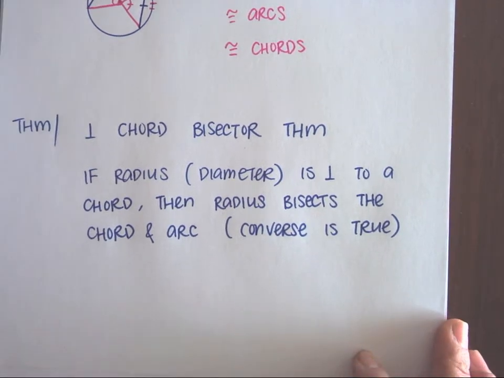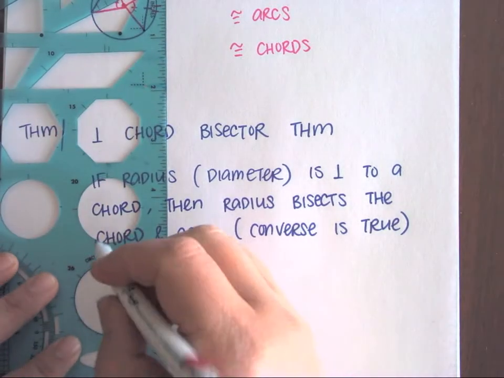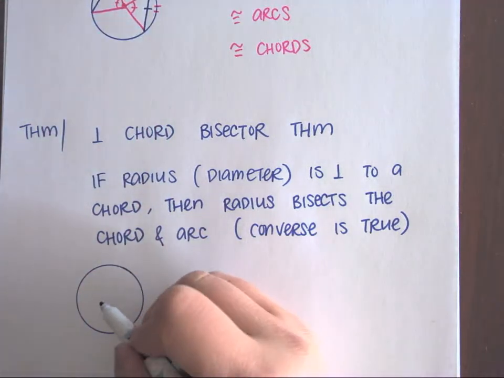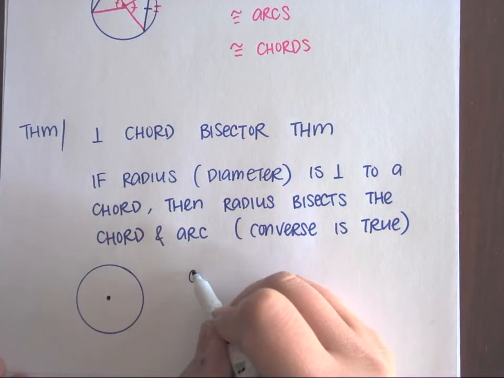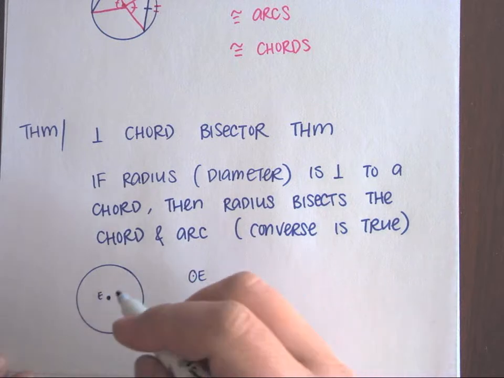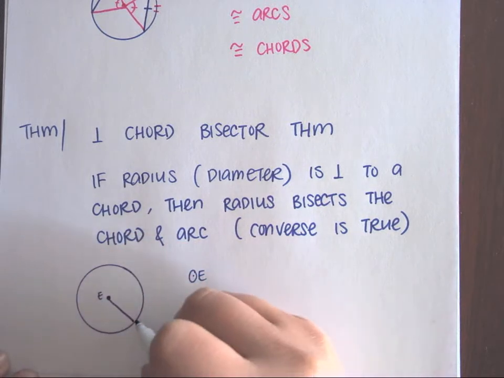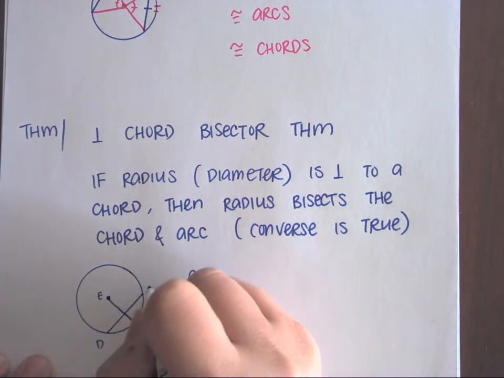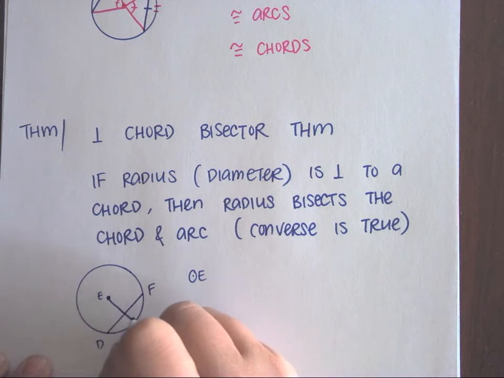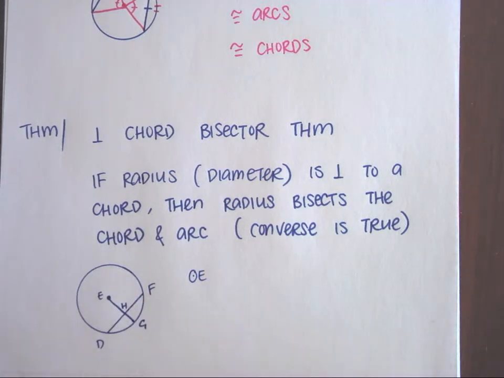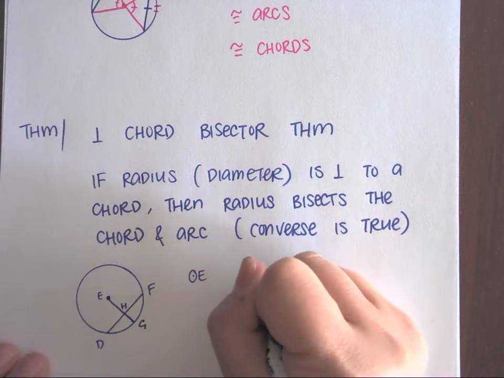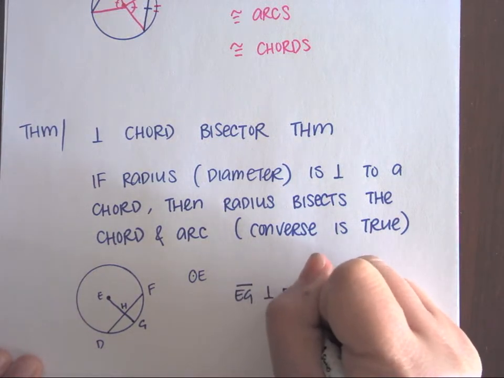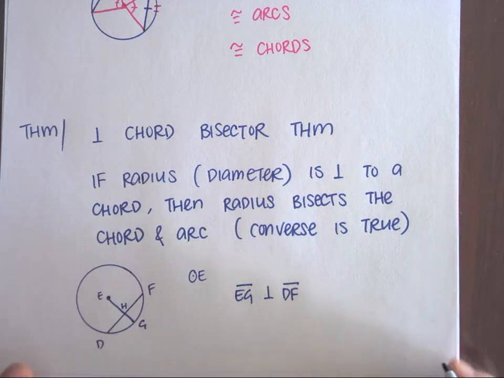To show you what this looks like, we have a circle, we have our center, so we have circle E. A radius and a chord. Let's label this D, F, G, and H. We're saying that EG is perpendicular to DF, so I could draw that in.